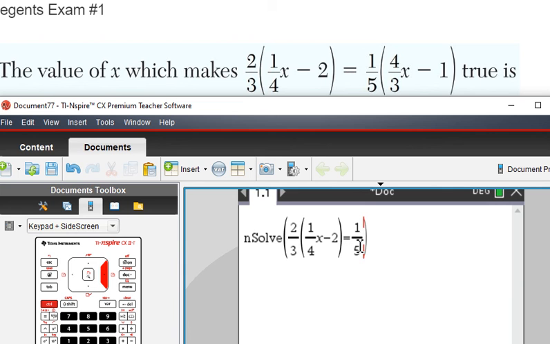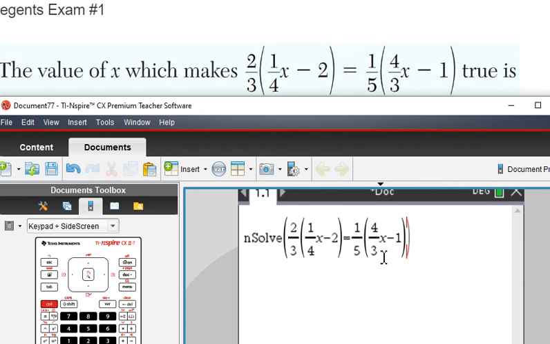Now another parenthesis, another fraction, 4/3, x minus 1. And then we close that first set of parentheses. So all this is inside parentheses, right?